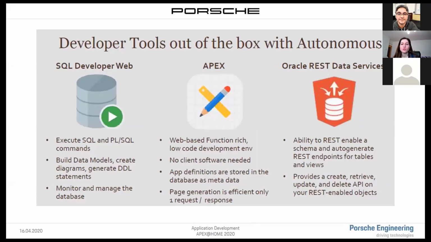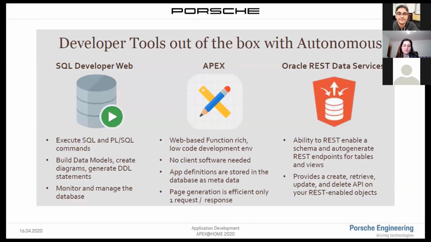If you create an Autonomous Database, you will see that we have some out-of-the-box tools, especially for developers like most of us, and those are SQL Developer Web, the Apex development platform, and also Oracle REST Data Services.